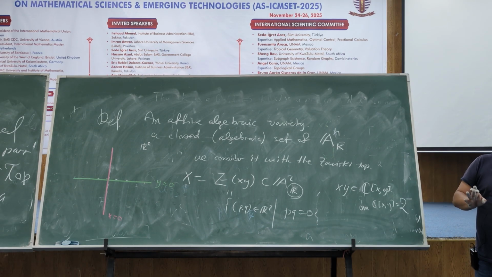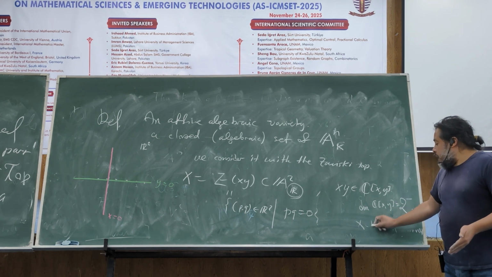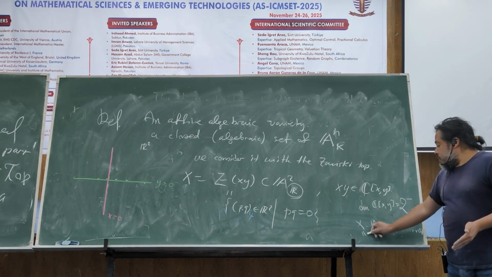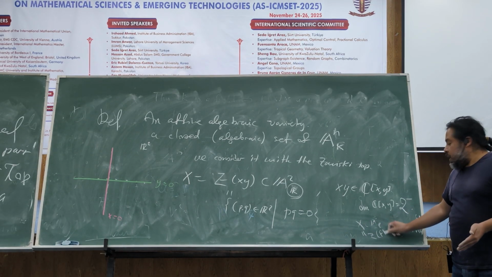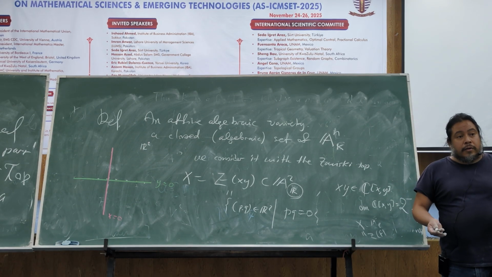So, just to spare you the technical details, this means that basically all the closed sets are generated by curves. So basically, a closed set inside A^2 over C is the zero set of a polynomial in two variables. And a polynomial in two variables is a curve.